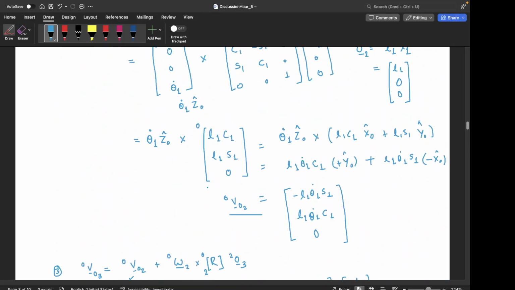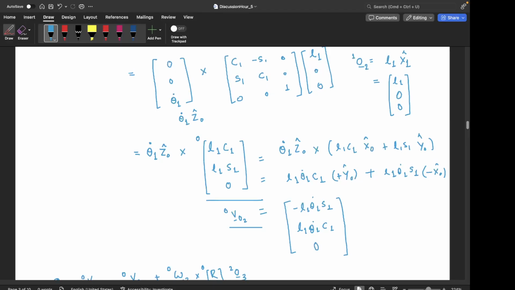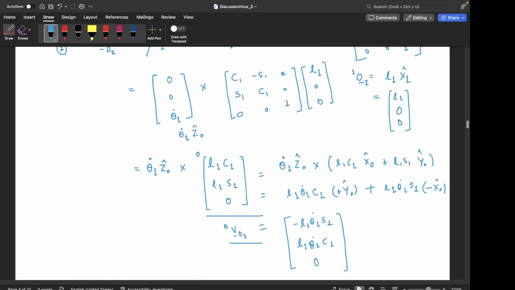What we did here, this one would be the velocity of origin of 2 with respect to origin of 1 expressed in the base frame, right? That is the significance of this term, the velocity of origin of 2 with respect to origin of 1 expressed in the base frame, right?